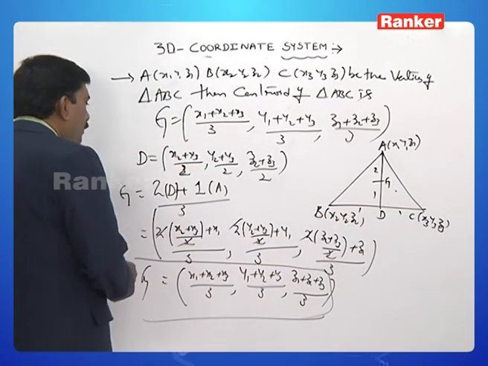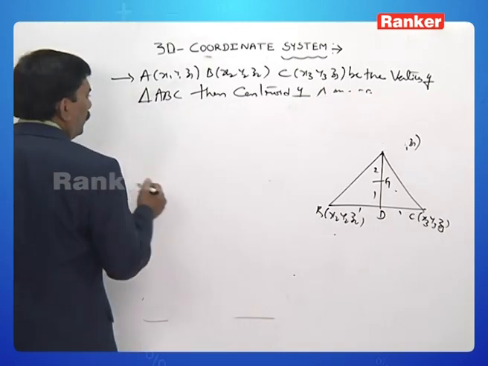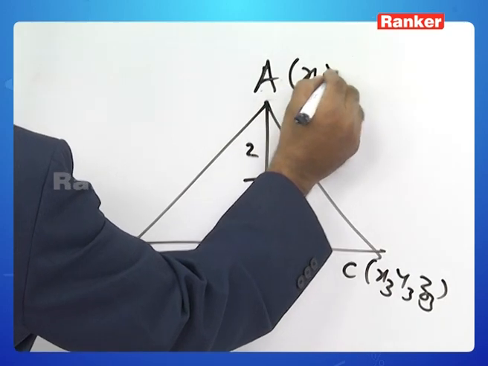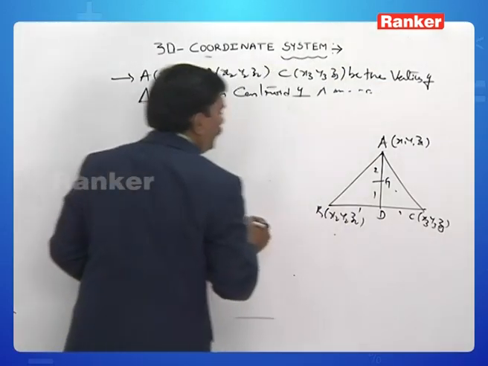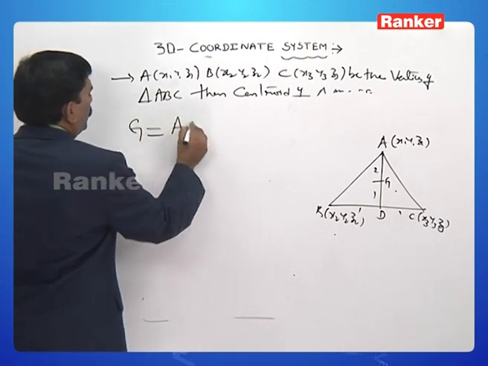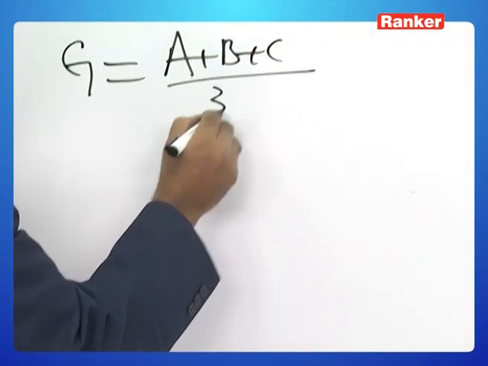So from this one, now if I take this as A, x1, y1, z1, we know that G is equal to A plus B plus C by 3.